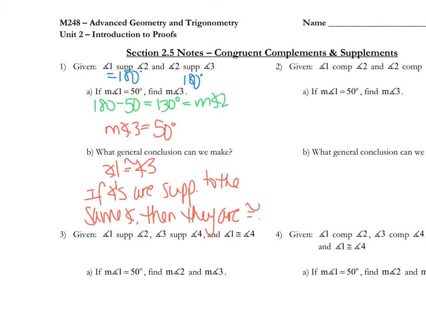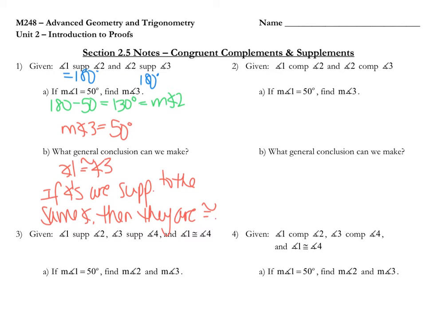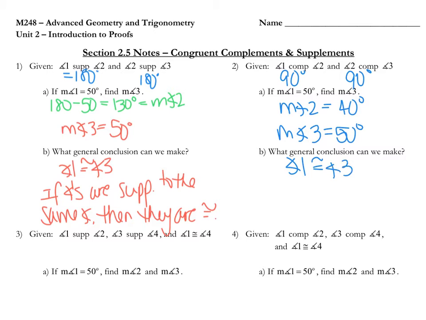Okay. We can apply the same logic to the complements. Complementary means adds up to 90. So if the measure of angle 1 is 50, then the measure of angle 2 is 40 degrees. And since 2 and 3 are complementary, the measure of angle 3 is 50 degrees. Notice that angle 1 is congruent to angle 3.